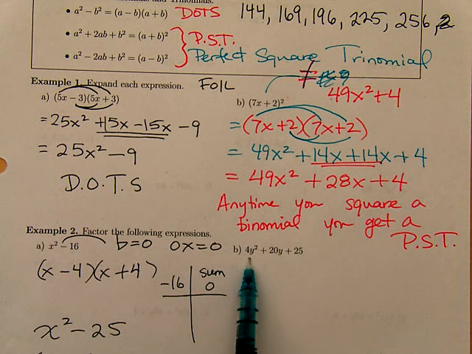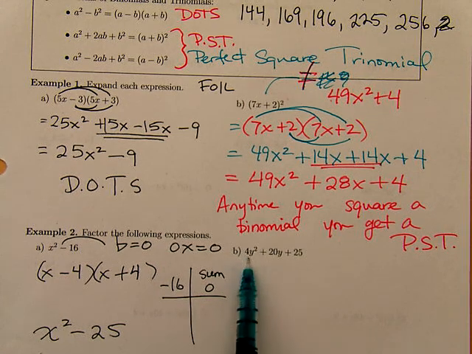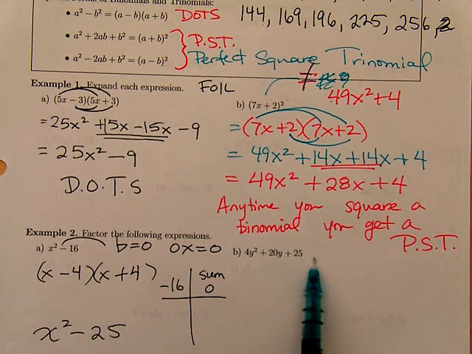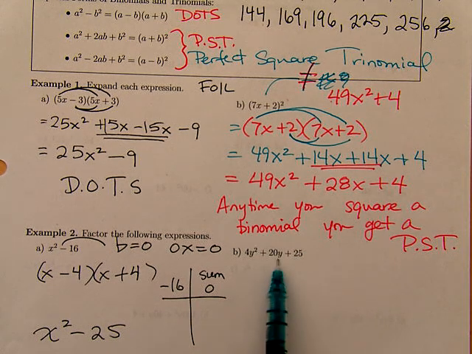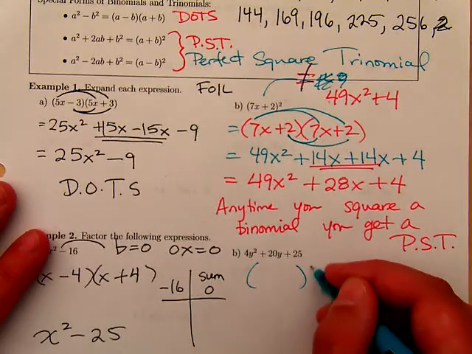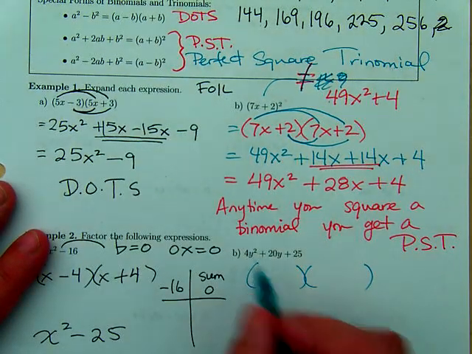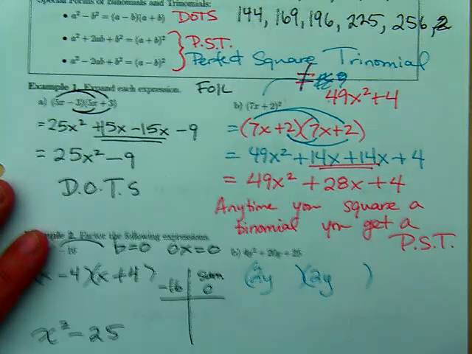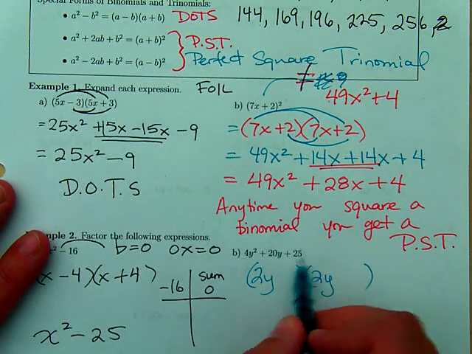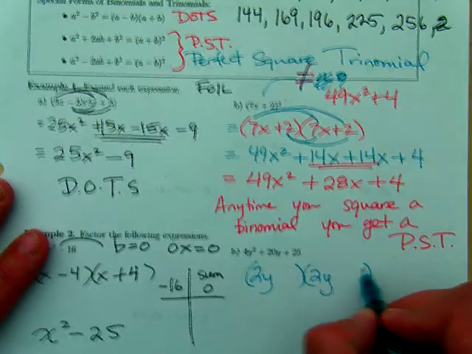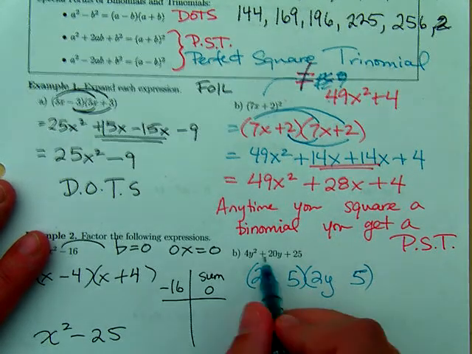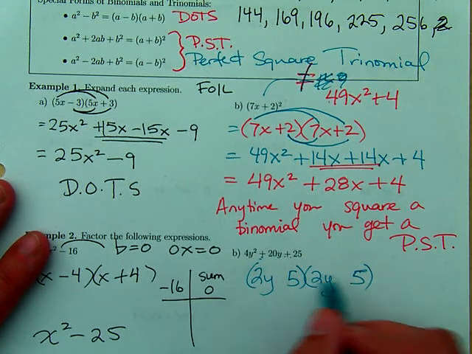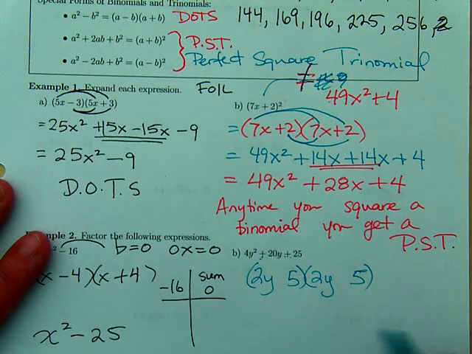So when I go to this example below, 4y squared is a perfect square, correct? 25 is a perfect square, correct? Now, don't worry about the middle term just yet. What would you have to multiply together to give you 4y squared? What number times itself? 2y times 2y, correct? What would you have to multiply together to give you a 25? 5 and 5. And because these are both positive, right? They're both positive. What are the signs going to look like?